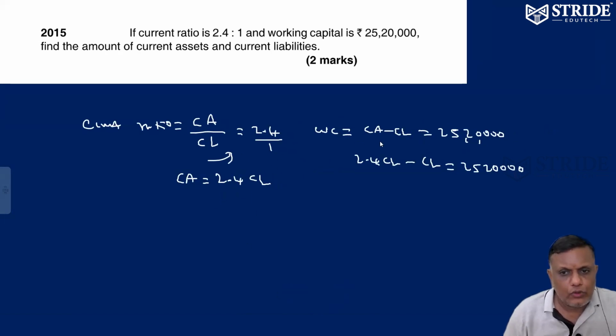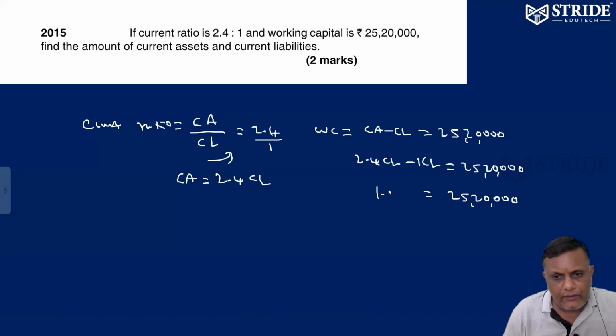So current asset 2.4 CL, current liability 1 CL. 2.4 CL minus 1 CL is 1.4 CL, which equals 25,20,000.